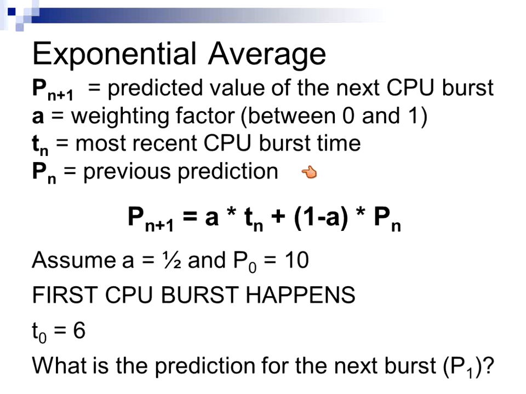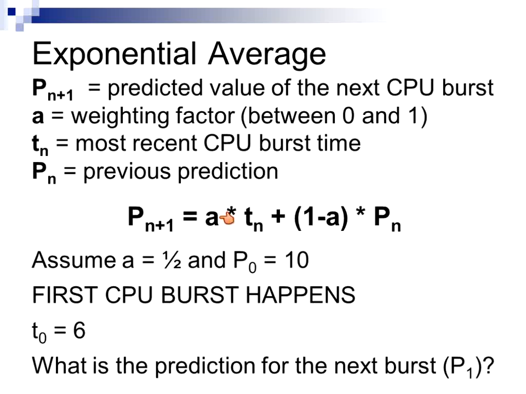Okay, so we're going to assume that A is 1/2. Now A is the waiting factor between 0 and 1, and A of 1/2 means that the recent history and the past history are equally weighted.